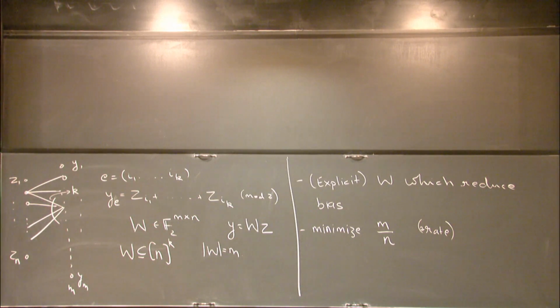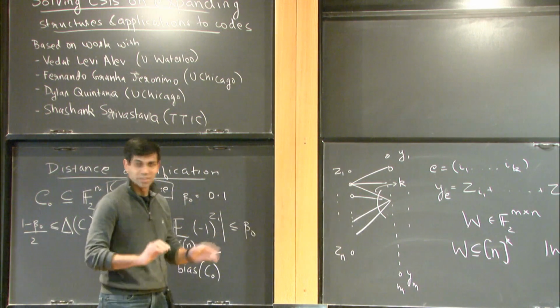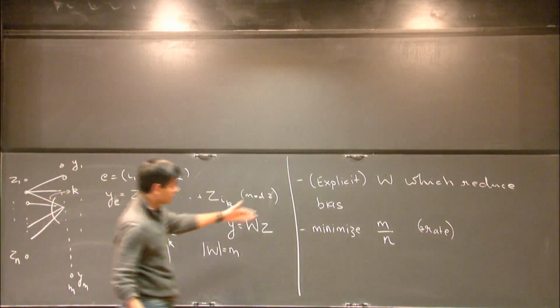I'll ignore this for the purposes of the talk. I'll just think of this as some good code with some constant parameters that we can start with. So I'll only focus on this ratio m over n.